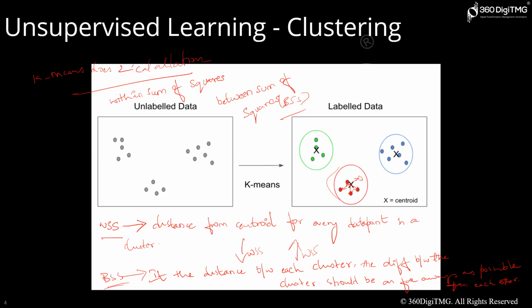The difference between the clusters should be as large as possible: this cluster to this cluster, this cluster to this cluster. So here, BSS is the difference between the clusters.